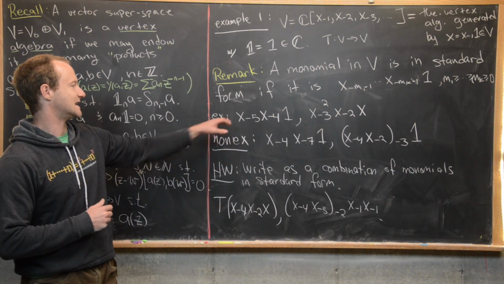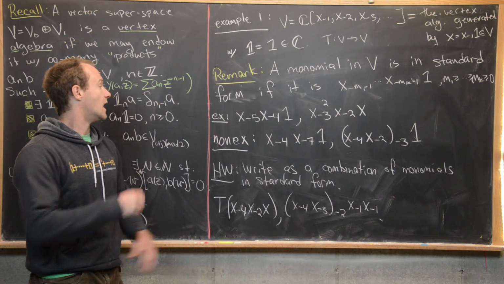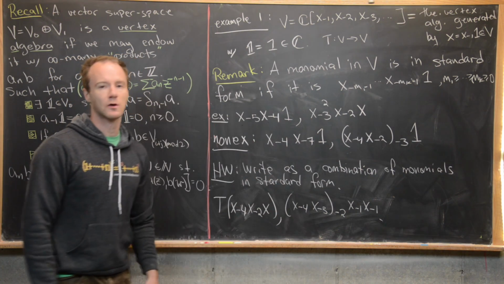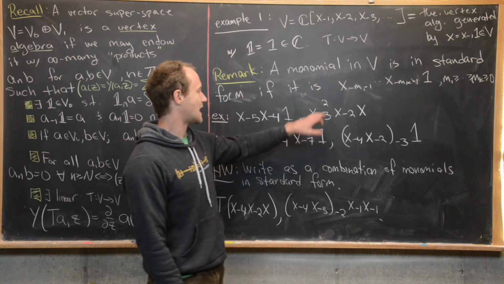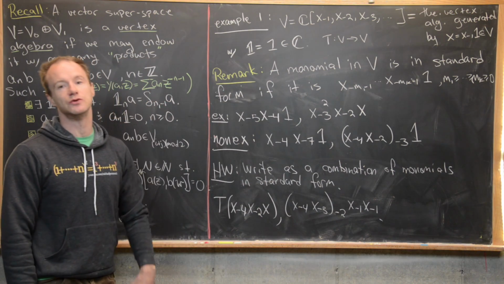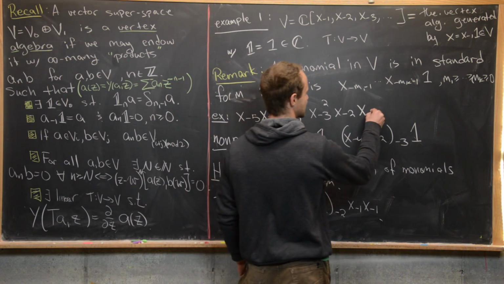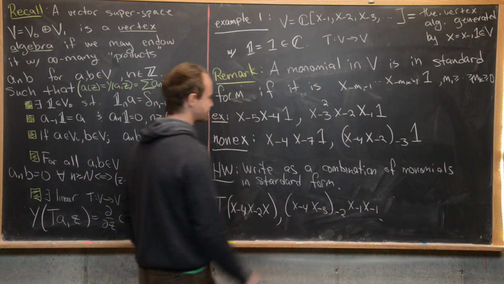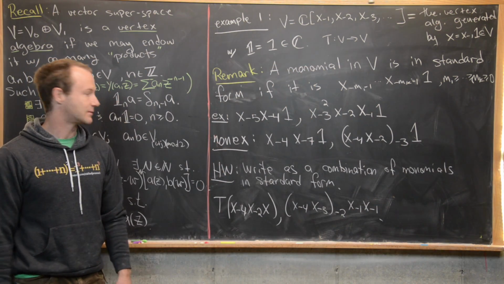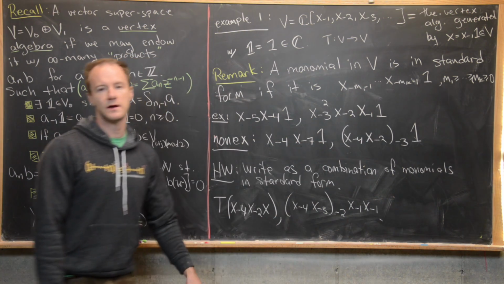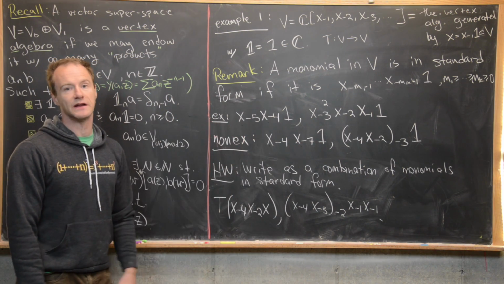So here are some examples of monomials in standard form. So x sub minus 5, x sub minus 4, 1. X sub minus 3 squared, x sub minus 2, x. Where again, we can think about that x as x sub minus 1, 1 if you want. And here are some non-examples. So we've got x sub minus 4, x sub minus 7, 1. So those are commuted in the wrong order.